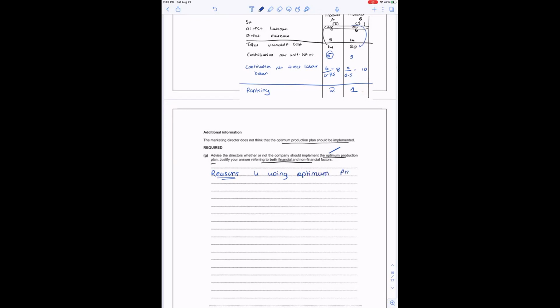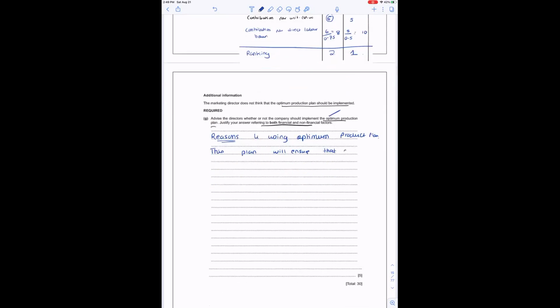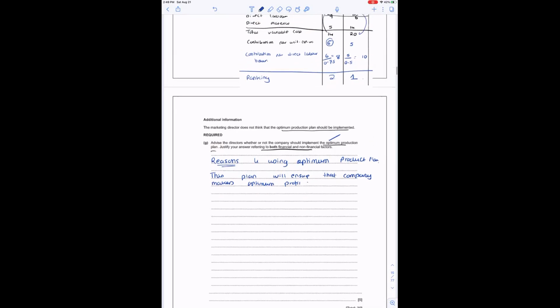What could be the reason for using the optimum product plan? This plan will ensure that company makes optimum profit. How many marks? 5 marks. That company makes optimum profit. Because product B has higher contribution.